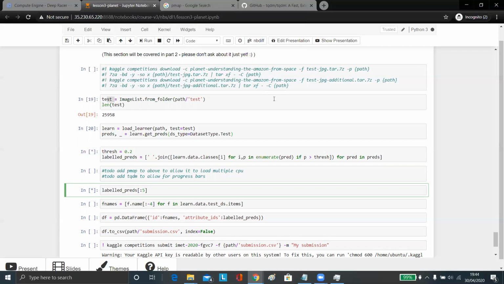Yeah, absolutely. I think this will be true for any of the data sets like this where there's a large number of available labels. Any of these Kaggle challenges will be fairly limited in this way.